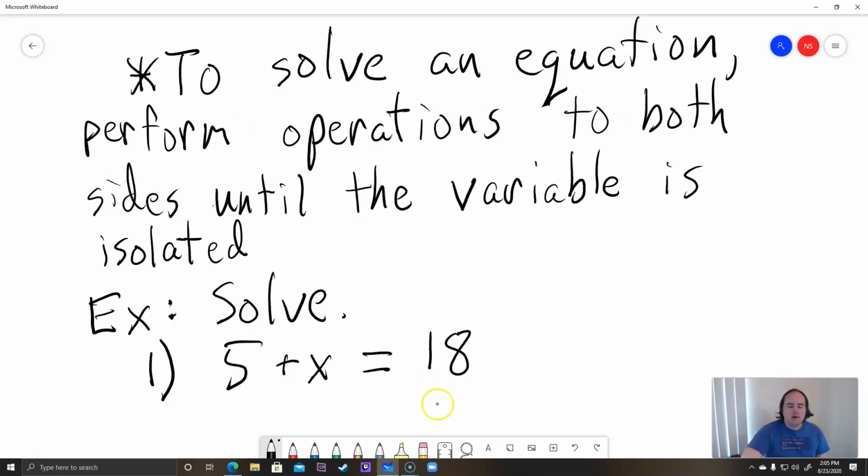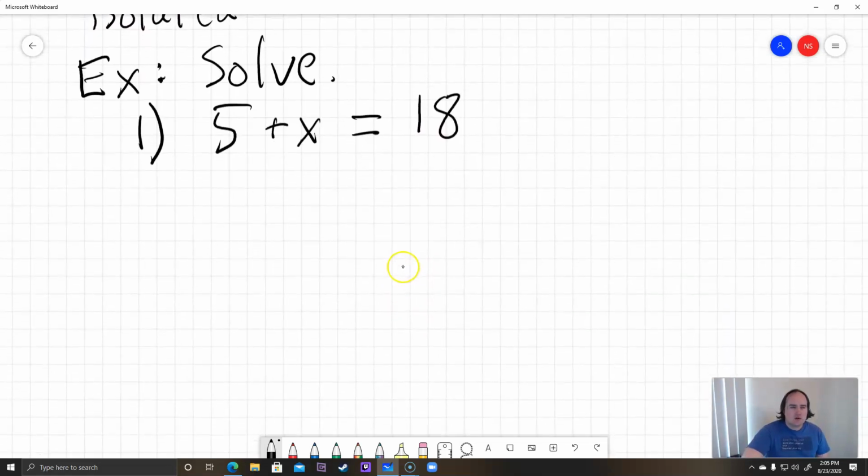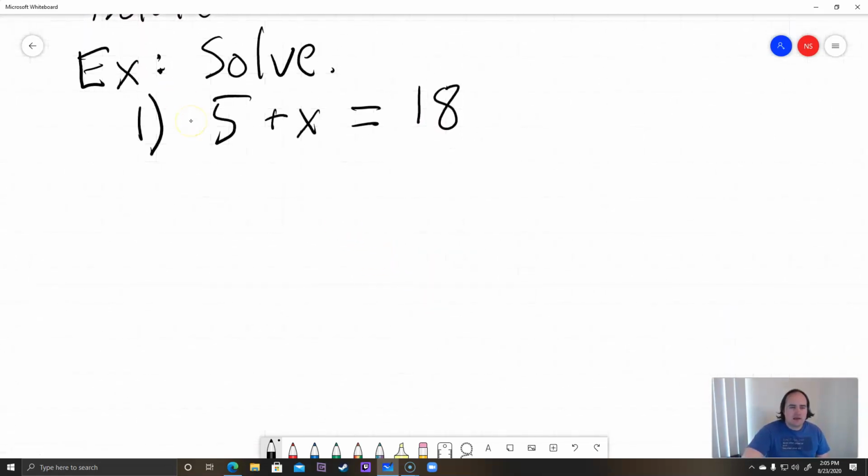Okay, so in particular, on the left side we have a plus 5, and we want to get rid of this. So how do you get rid of a positive 5? Well, you don't add 5 to both sides, but you do the opposite. You subtract 5 from both sides. So if I minus 5 from both sides of the equation, then what's that going to give me?